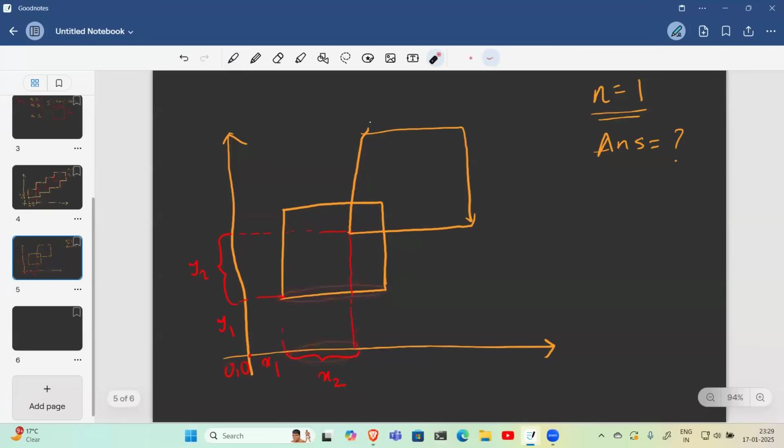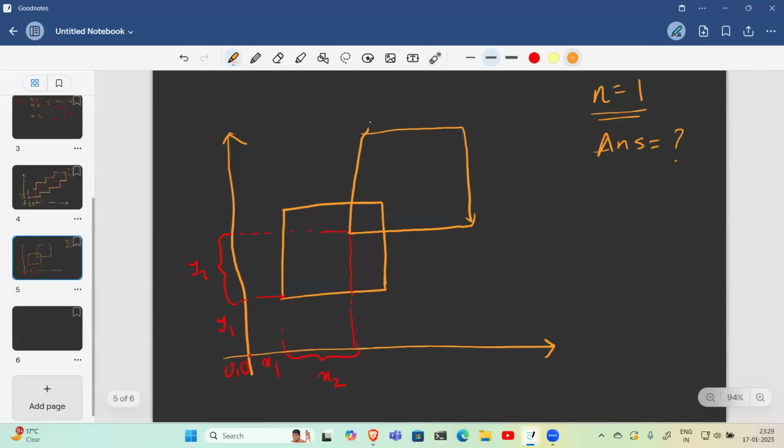So the shift is lesser than the entire length of the square, and there will always be some area of overlap between the square and the newly shifted square. So how will you find the perimeter?